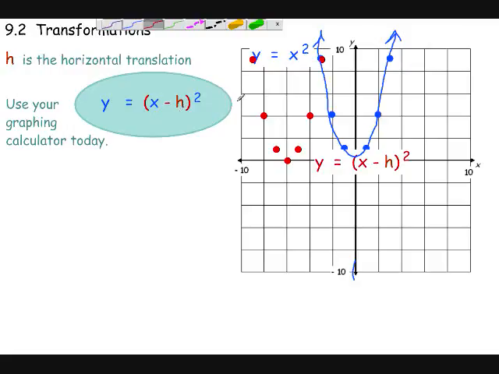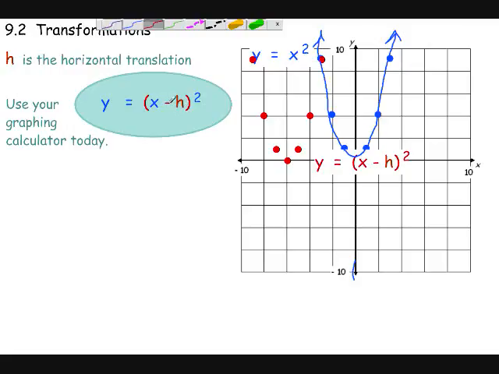We're not tacking something on after we've done the operation like we do with vertical translation. We're actually putting something right into the domain. The thing that is going to be squared is no longer just x. It's x minus whatever we want to do for a horizontal translation.